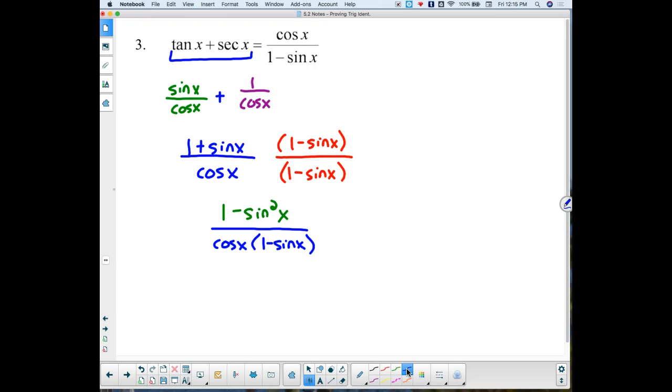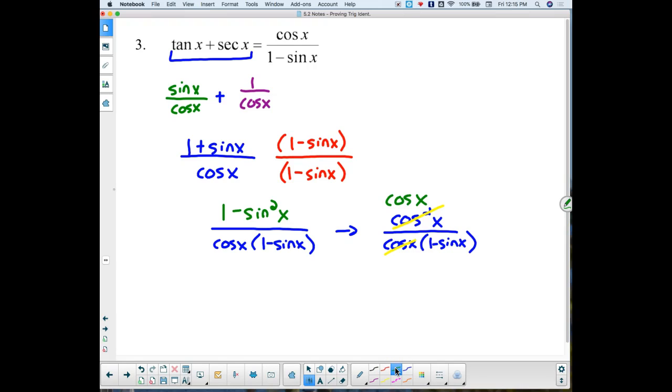It's cosine squared of x. The cosine on the bottom cancels out one on the top. Oops, I'm going to put it in a different color because yellow is not the favorablest color.